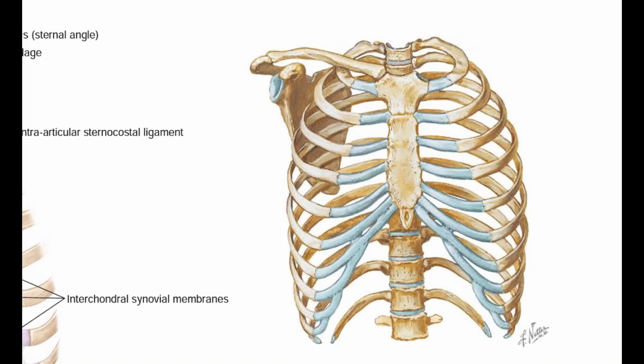In the interchondral joints, a cartilage is connected with another cartilage. The 7th, 8th, 9th and 10th costal cartilages come into contact with one another and articulate with each other by a number of small synovial joints here.